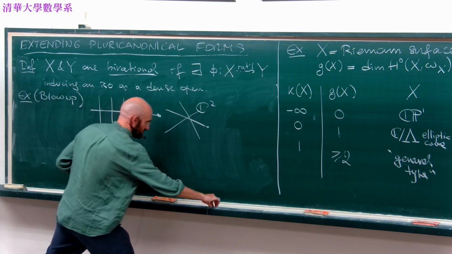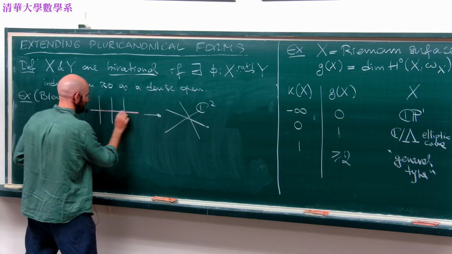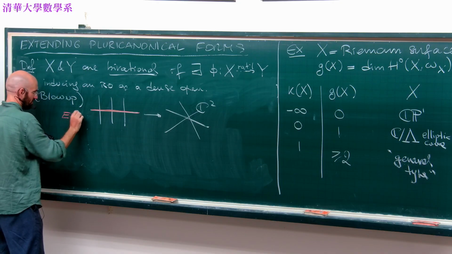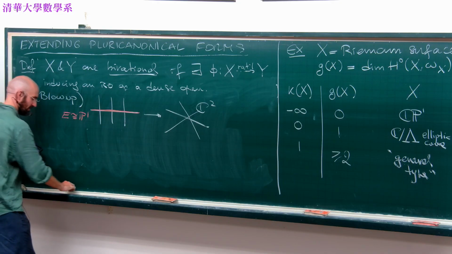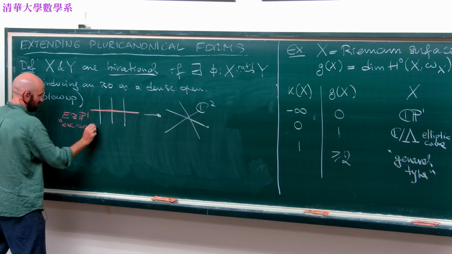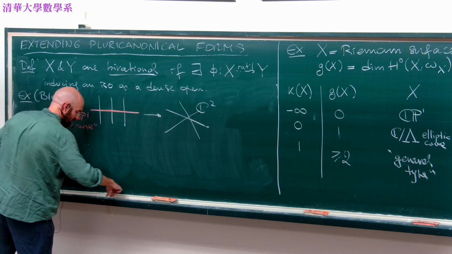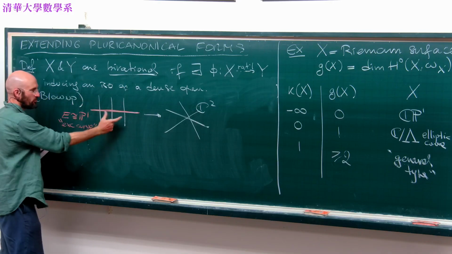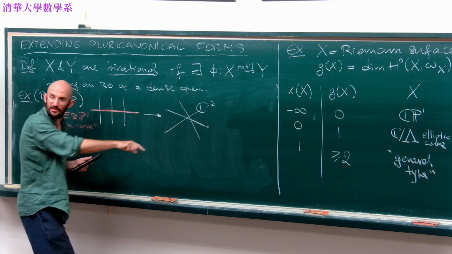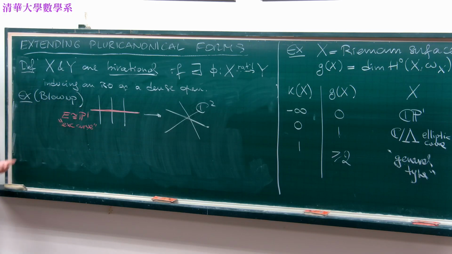So we have this E, which is just a P1, and we call this an exceptional curve. So this map doesn't do anything away from this line, and it contracts this line down to a point. This is the simplest example of a birational morphism, or map.